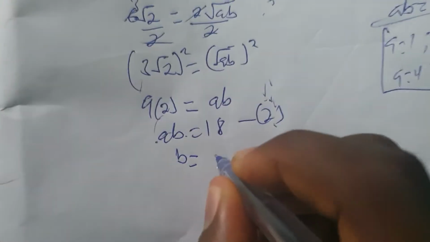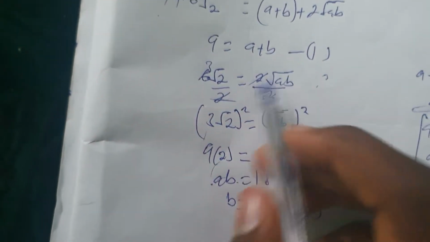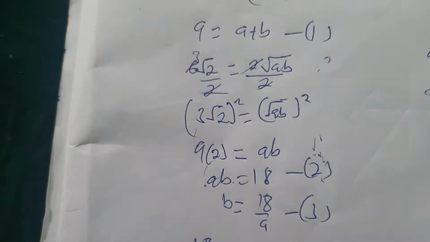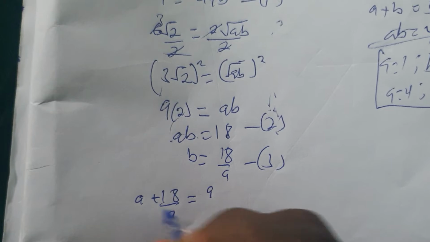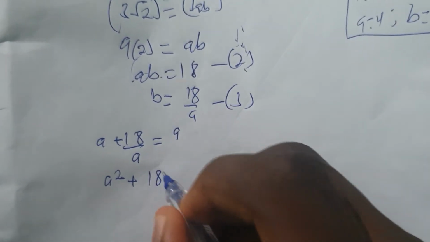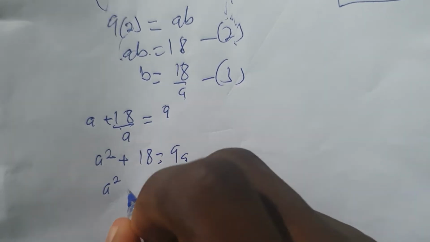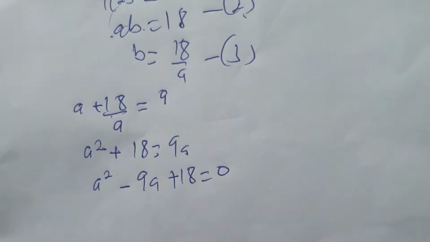From equation 2, we can say b is equal to 18 over a. Let's name this as our equation 3. Let's put this into equation 1. We get a plus b, which is no more b but 18 over a, is equal to 9. We multiply through by a, and get a squared plus 18 equals 9a. Move this to the other side. So we get a squared minus 9a plus 18 equals 0.